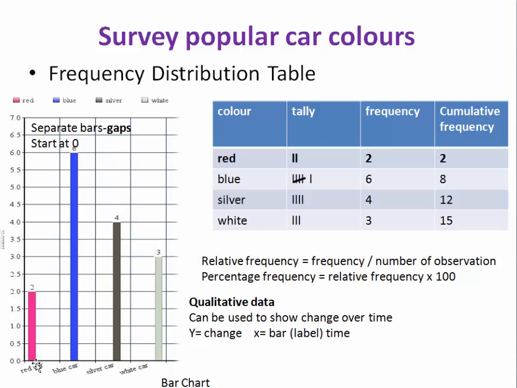So on the horizontal axis we've got red car, blue car, silver car, white car. The bars that we draw are always equal in width, and the height represents the number of cars. So here we have 2 red cars, 6 blue cars, 4 silver cars, 3 white cars. Bars aren't joined together, they're separate.